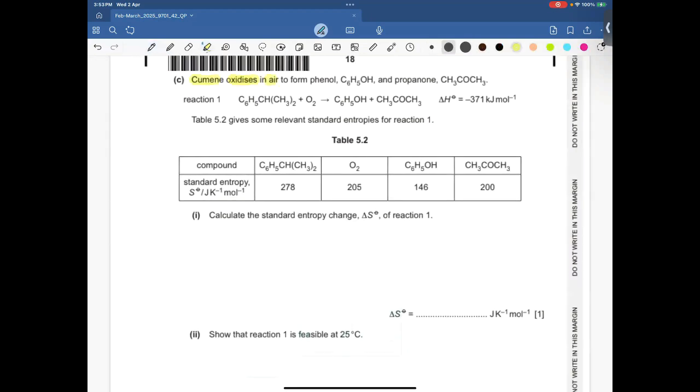Cumene oxidizes in air to form phenol and propanone. Equation is given with a delta H value. Table 5.2 gives some relevant standard entropies of reaction 1. Calculate the standard entropy change of reaction 1. That's an easy task.